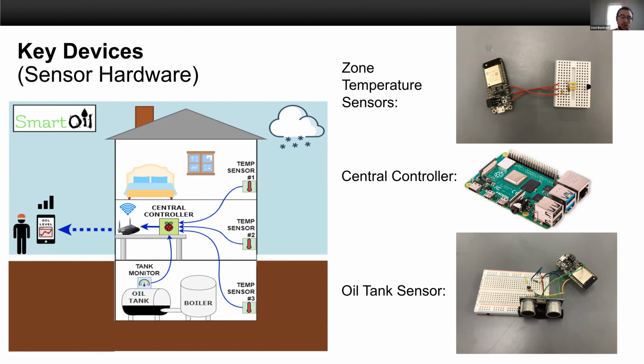So the way oil heating works is there are a couple of zones in the house that all sort of get the same distribution of heating, and we put a temperature sensor in each of those zones. That information is relayed to the central controller, which you can see on the right middle, and that information is then sent to the user, which they can check on their app. On the bottom right, you'll see an ultrasonic sensor, which also relays information to the controller and then to the user.